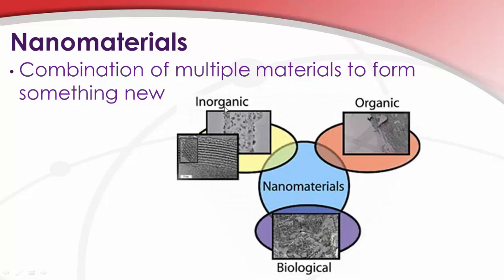Nanocomposites, nanomaterials, are the combination of multiple materials to form something new with the ideal properties of both, and sometimes the synergy gives it unique properties that can't be achieved in any other way.